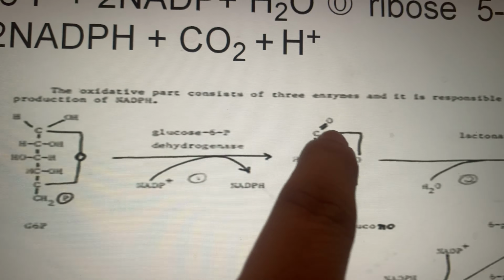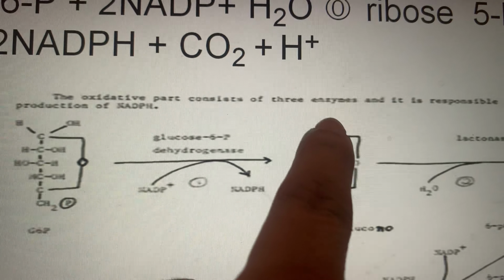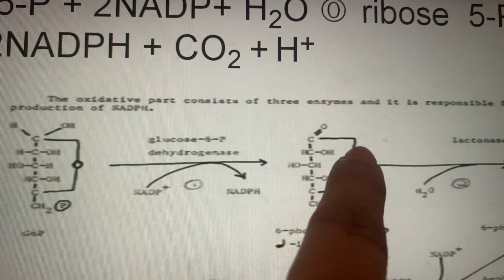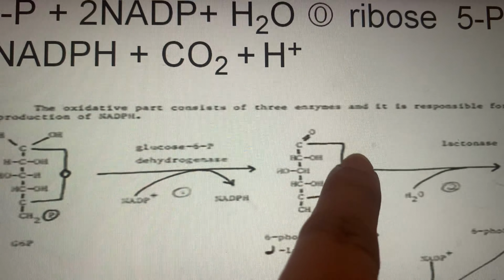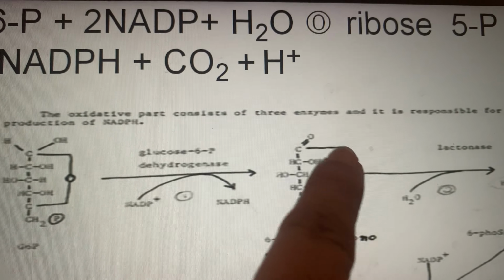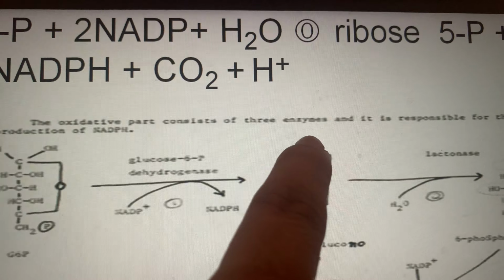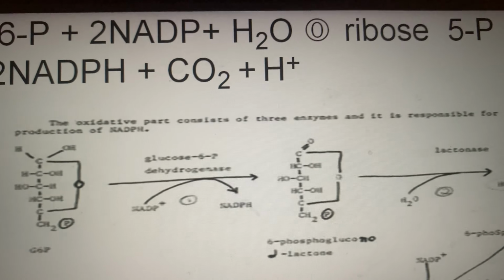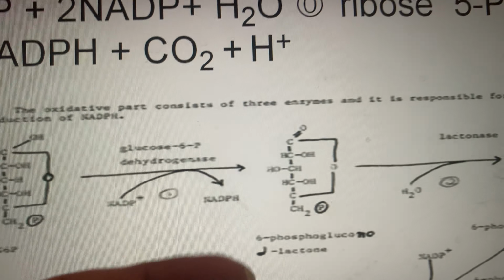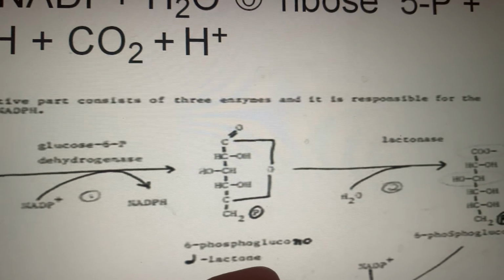You see, this one is C double bond O, and this oxygen is in the form of a ring. Now this functional group is an ester. When an ester is in the cycle or ring form, then it is called lactone.